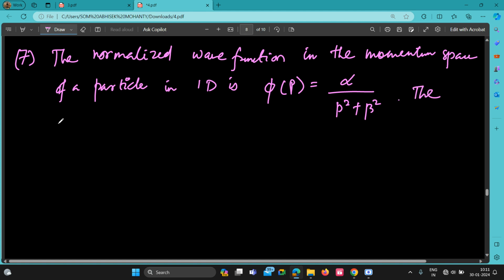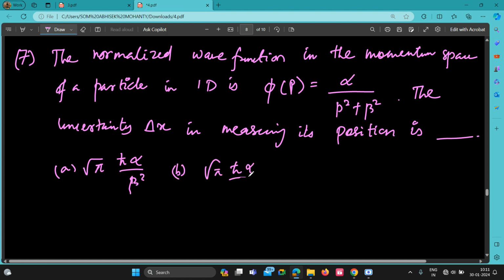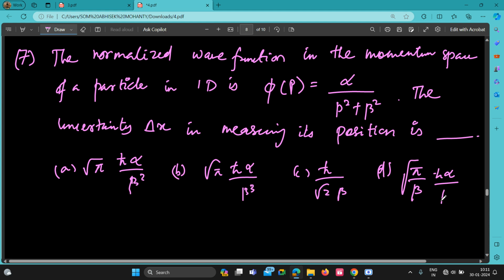The uncertainty delta x in measuring its position is? Option A: root pi h squared alpha by beta square. Option B: root pi h squared alpha by beta cube. Option C: h squared by root 2 beta. Option D: root of pi by beta h squared alpha by beta.